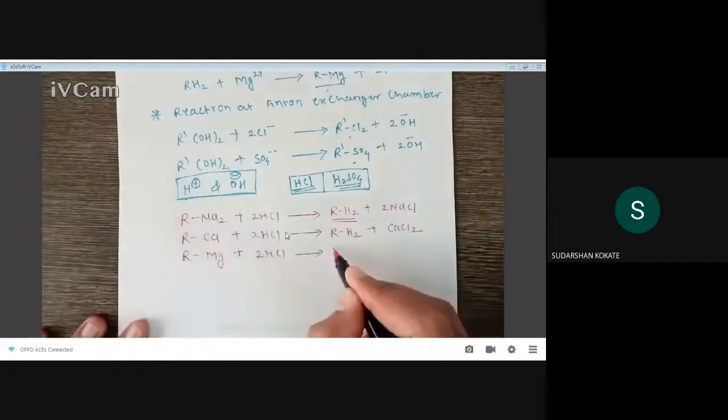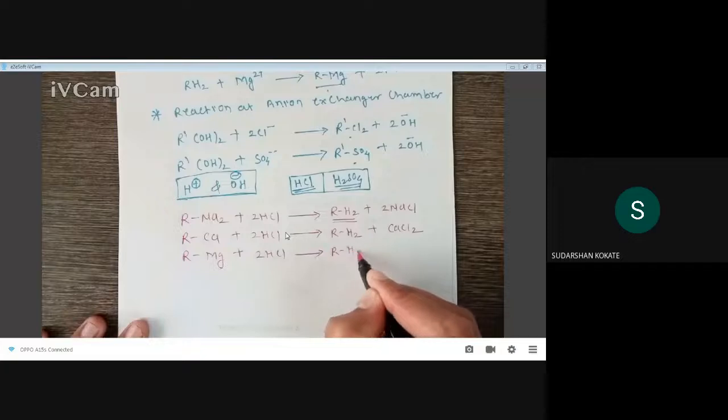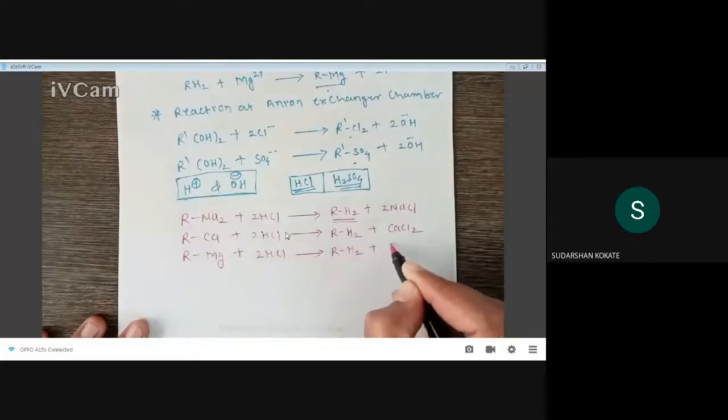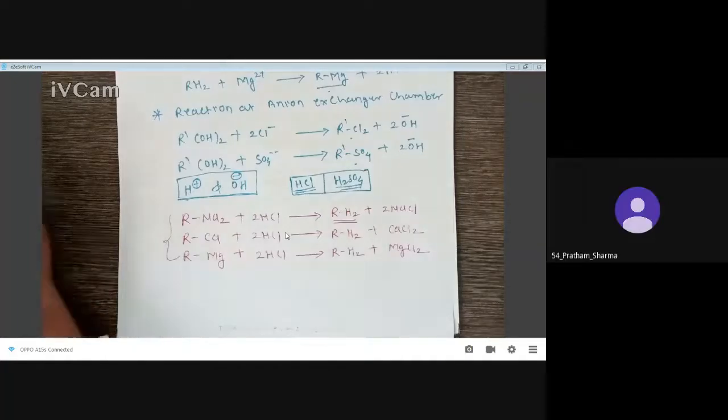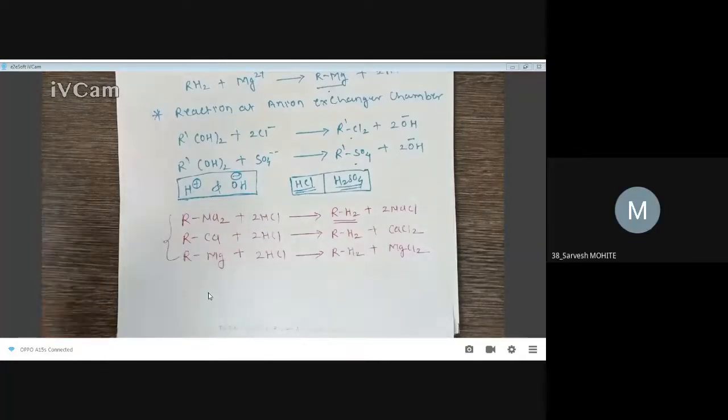So it forms RH2 plus MgCl2. Is that clear? Regeneration reaction? Yes? Yes, sir.